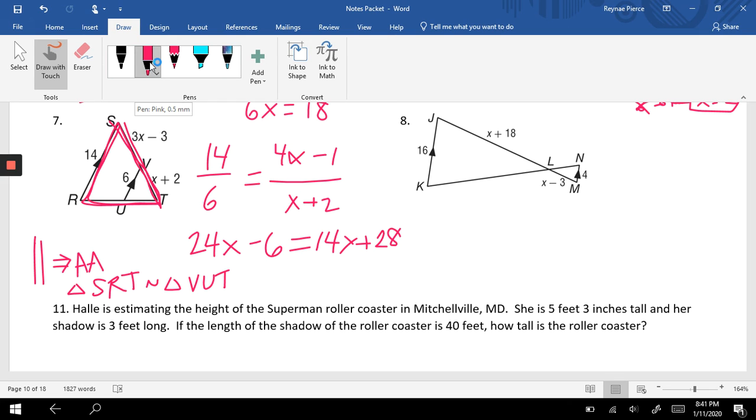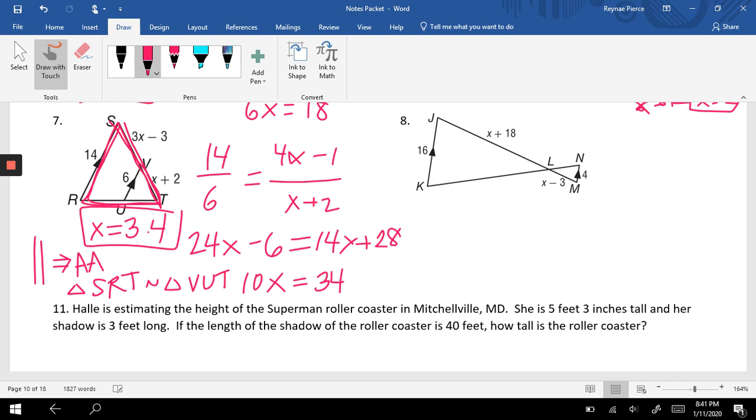If I subtract 14x and add 6 to both sides, that gives me 10x equals 34. And 34 divided by 10 tells me that x is 3.4. Okay.